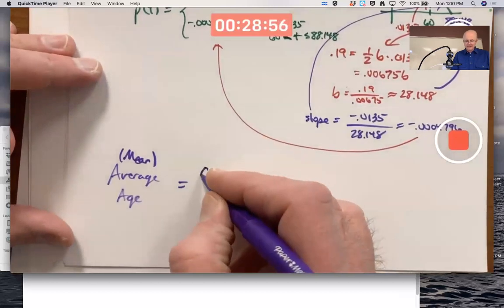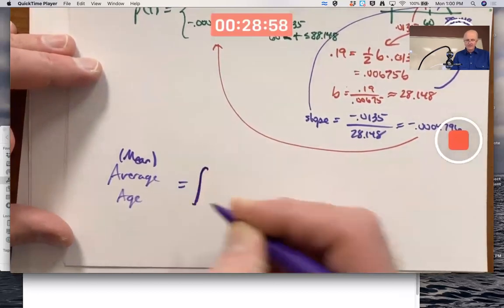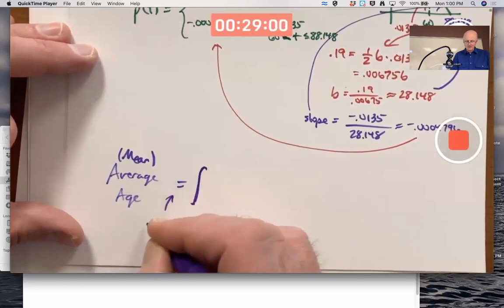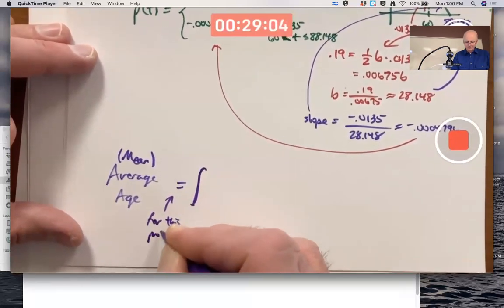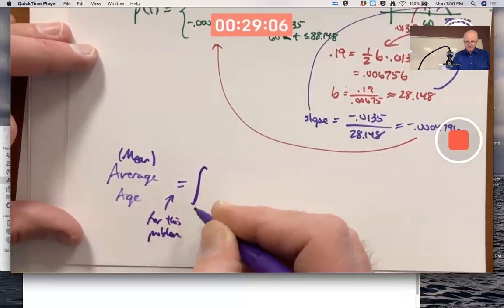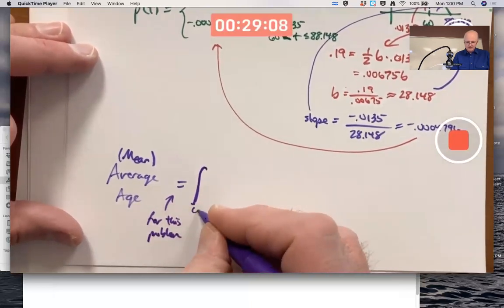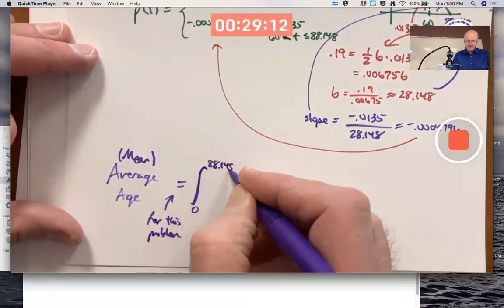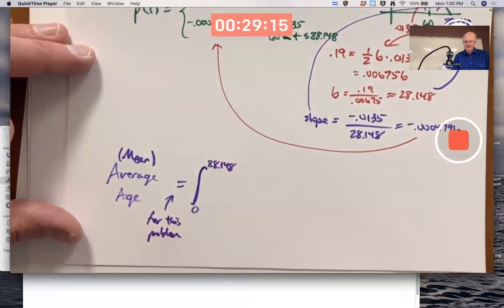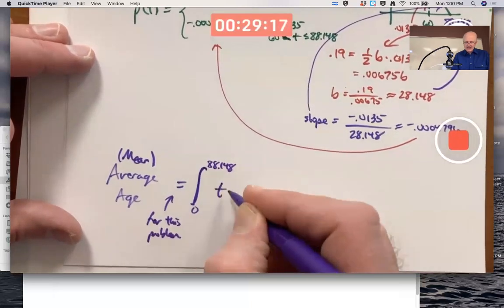You do have to integrate over the entire domain, which for this problem is approximately, again, 0 to 88.148. But you don't integrate just the PDF itself, you integrate t times the PDF.